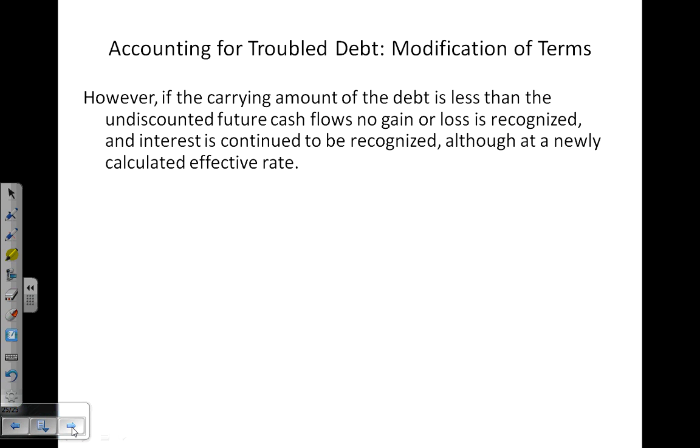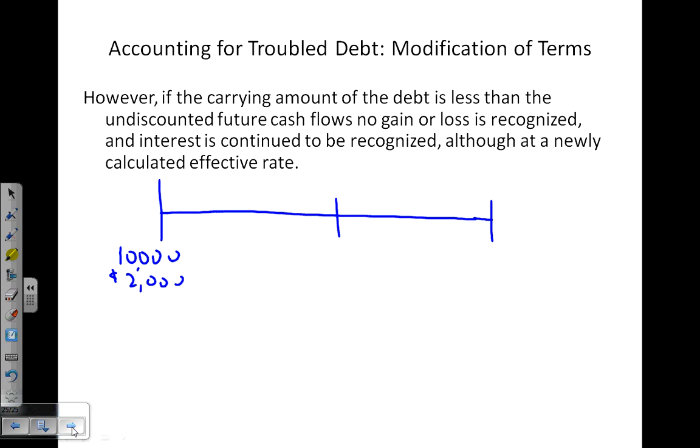The harder case is if the carrying amount of the debt is less than the undiscounted future cash flows, no gain or loss is recognized up front, and the interest is going to be continued to be recognized, although at a newly calculated effective interest rate. So here's the same situation. We still owe $10,000 today plus $2,000 of accrued interest.